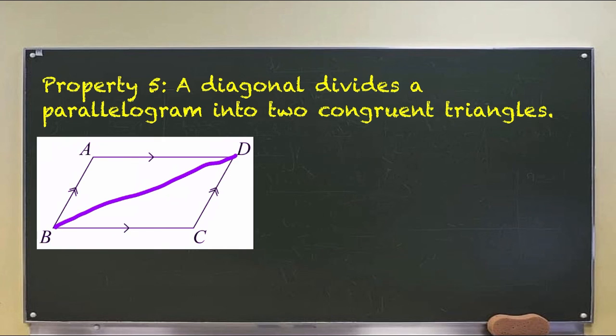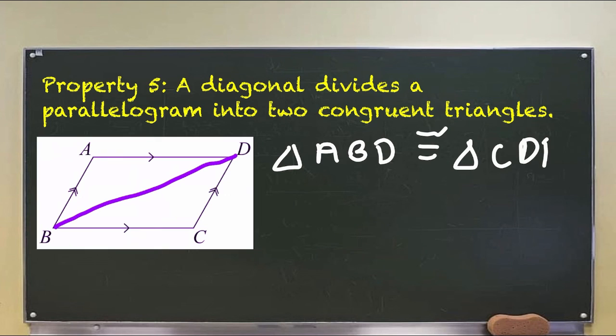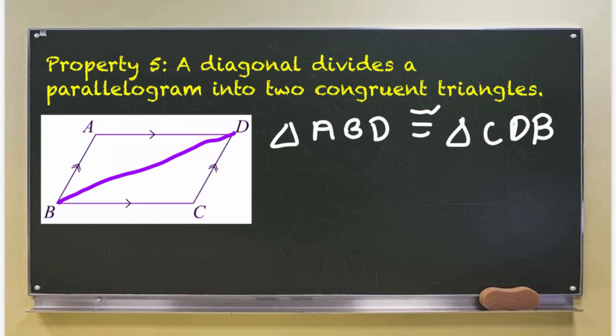Ano yung congruent triangles na yon? Triangle ABD is congruent to triangle CDB. Yan ang property 5. Alright, so these are the properties of a parallelogram.